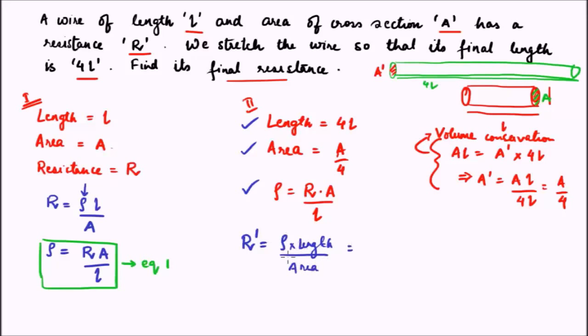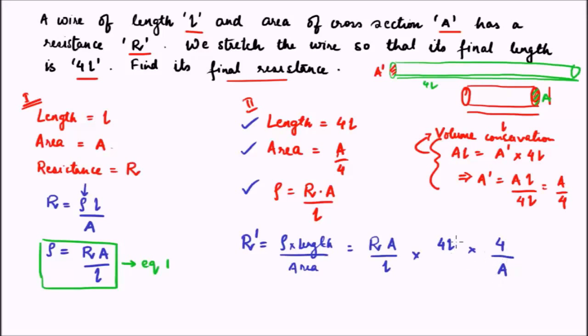Replacing the values, rho is R A upon L, final length is 4 times L, and final area is A by 4, so that is 4 upon A, isn't it?